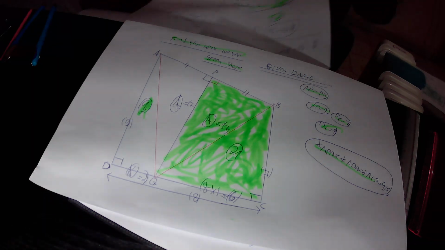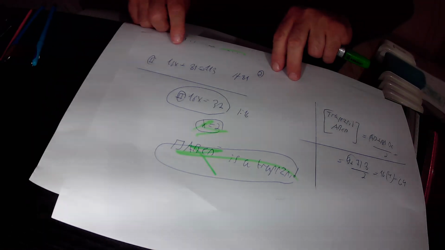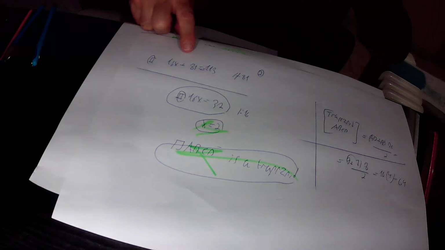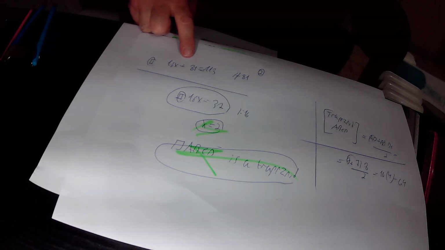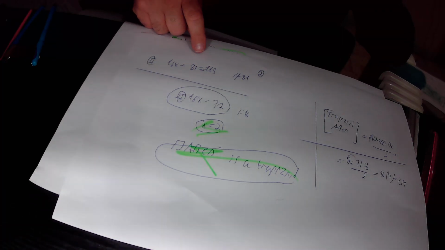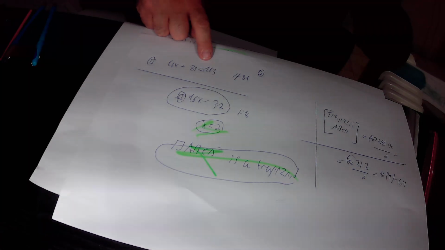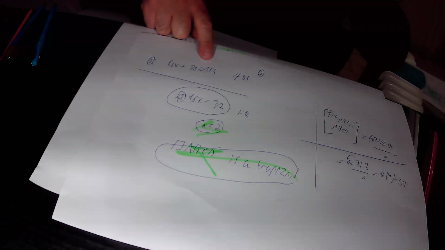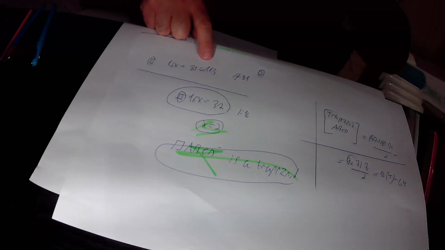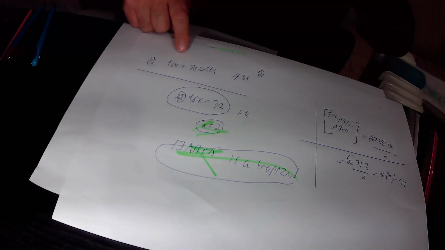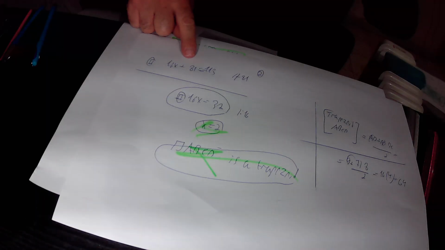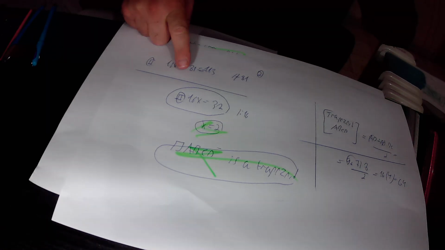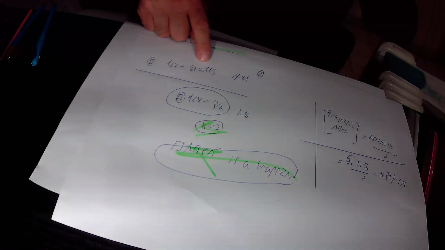So we found that 16x plus 81 equals 113. Here we subtract 81 from this equation, so we leave 16x, while on the other side of the equation we have 113 minus 81, that is 32.